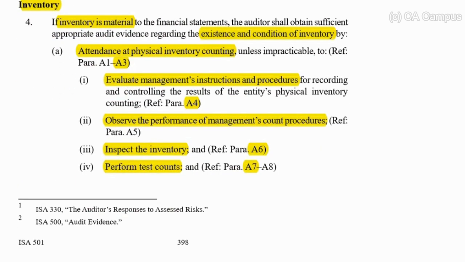So requirements for inventory, concerned about the existence and the condition. So we need to attend the physical inventory count. And when we do that, evaluate management's instructions and procedures, observe the performance of the count, inspect the inventory itself, and perform test counts.